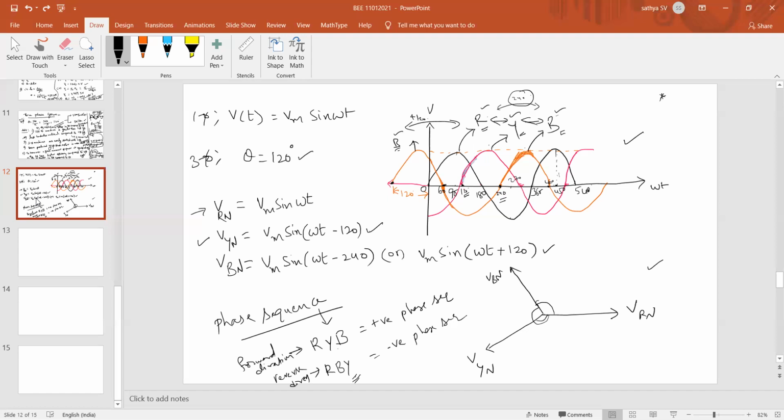See here how 120 degrees came, since theta equals 360 by n, and here n equals 3. No need to learn any sentence by heart. Be clear with your fundamentals.